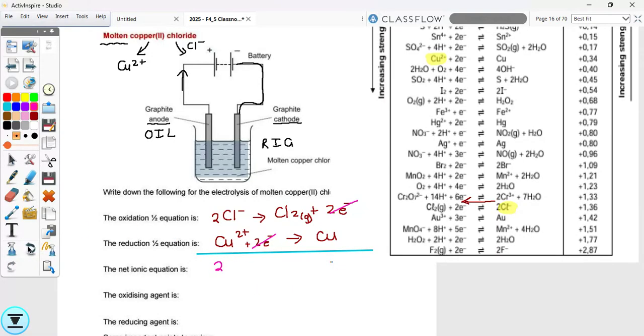It doesn't matter which one you put first. 1 plus 2 is the same as 2 plus 1. So you're just going to say 2Cl minus, because that's what we have there, plus Cu2 plus gives us Cl2 plus Cu. And what would you say the oxidizing agent is?